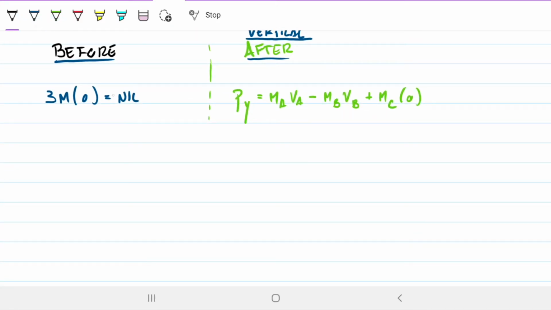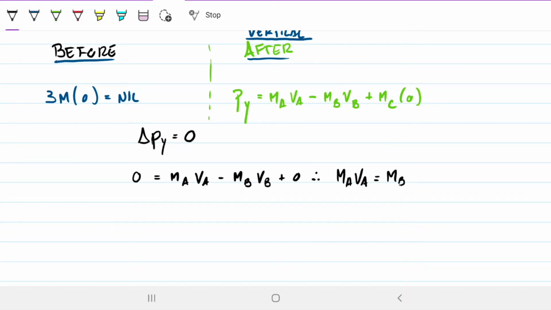And then once again, conservation of linear momentum applies in this case, there's no external force, so therefore 0 has to be equal to the mass of A times velocity of A minus the mass of B times the velocity of B plus 0, and therefore the mass of A times velocity of A has to be equal to the mass of B times the velocity of B.